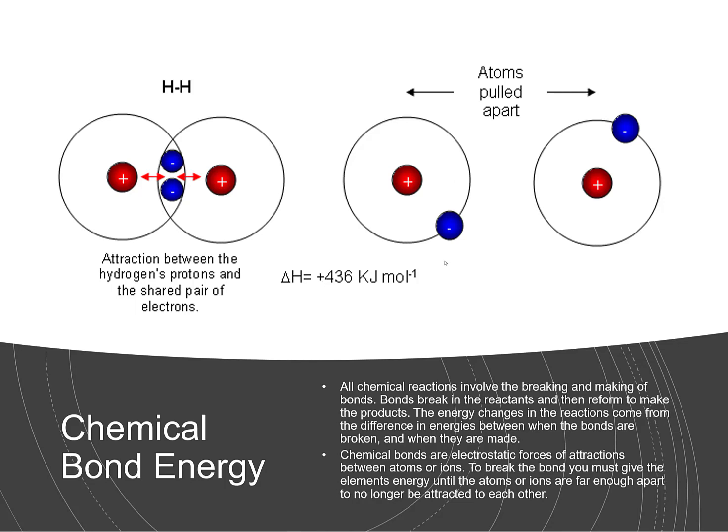So we have to add into the mix about 436 kilojoules per mole. And per mole is also represented as mole to the -1, which means 1 over the mole. They usually do that if you're writing it in a sentence, but kilojoules per mole is what it usually is, so don't let that confuse you. And the delta H means the change in the amount of heat.